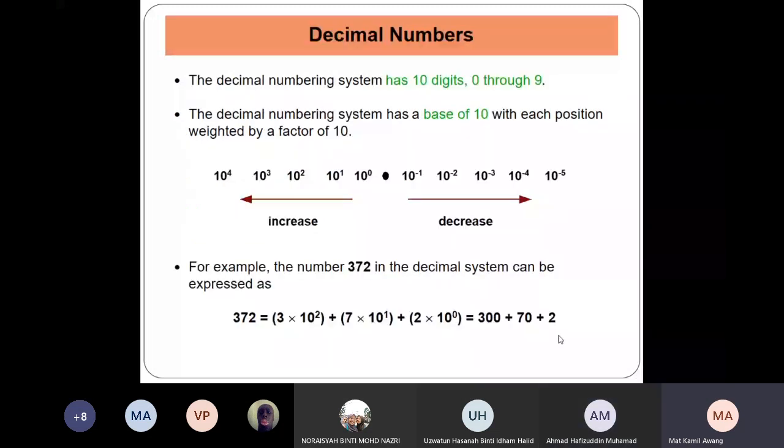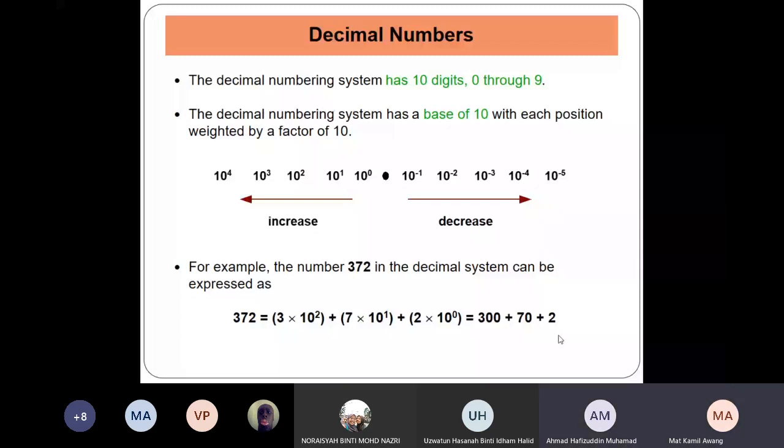Okay. Now we go to the decimal numbers. The decimal numbering system has 10 digits, which is 0 through 9, just like we said just now. The decimal numbering system has a base of 10 with each position weighted by a factor of 10.